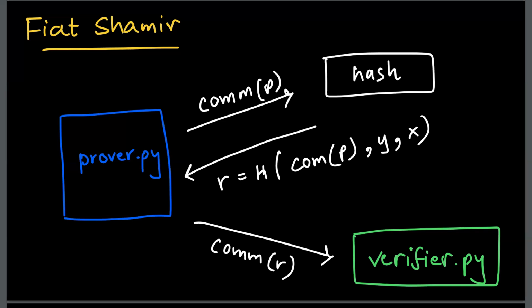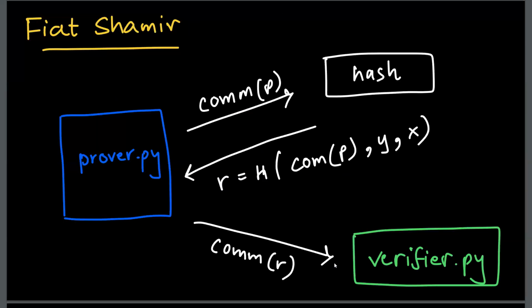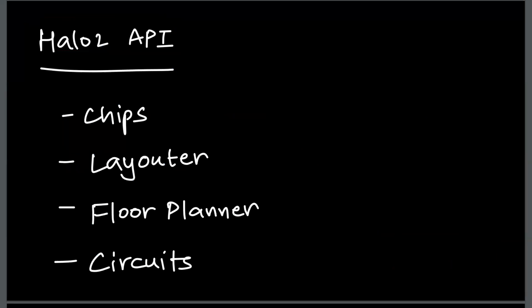But yeah, this is enough information for us to go on. And this is how you obtain these blinding factors. You hash the witness polynomials and you put it in the last row of the table. We've successfully completed the structure of how values in a Halo2 matrix or a table are represented.